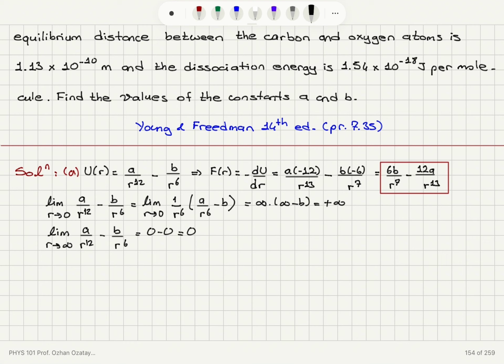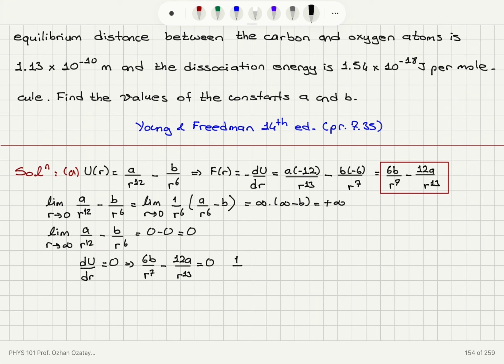If I look at the derivative of potential energy with respect to R, dU/dR, and set it equal to 0 to find the extremum point, I can see that this is when the force is equal to 0. So we have 6B divided by R to the 7 minus 12A divided by R to the 13 equals 0.